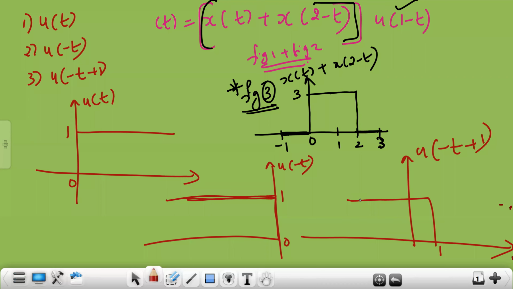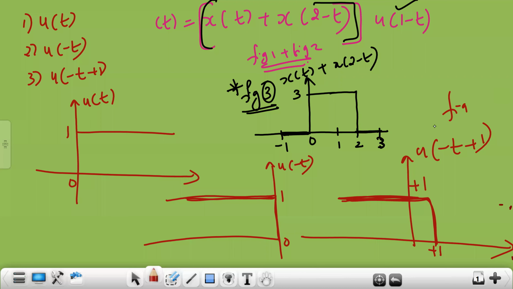So this is the step that I have drawn, and the amplitude is still at +1. This is your figure number 4.